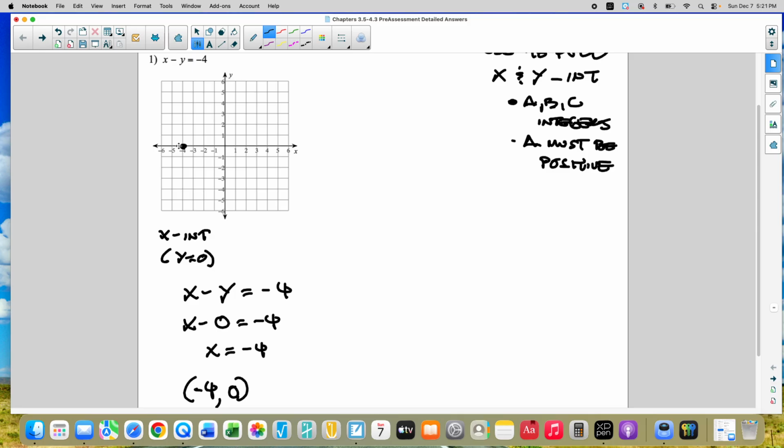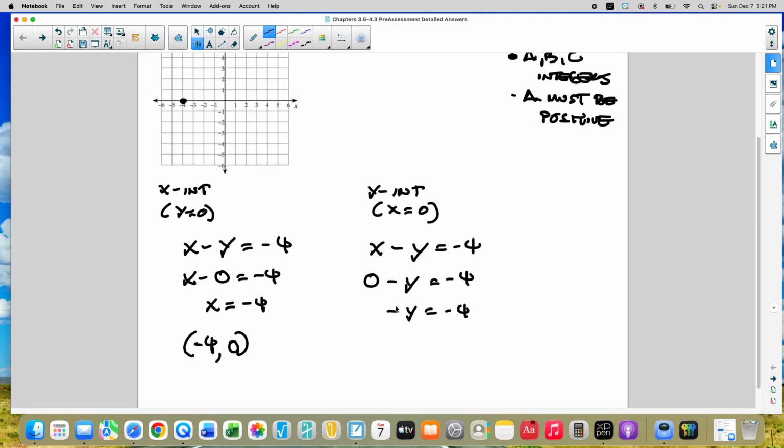That is my x-intercept. And then we're going to find the y-intercept, which means whenever you find the y-intercept, x always equals 0. So we again take this equation and we plug 0 in for x, and we have to solve for y.